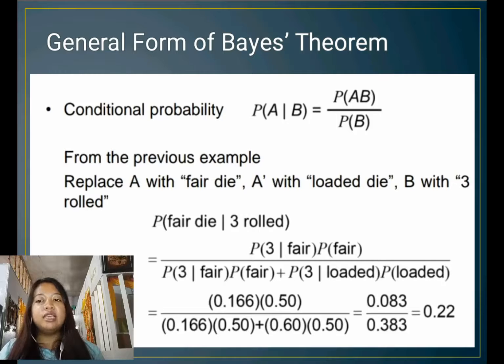We will have the subtotal of 0.083 divided by 0.383, and it is equal to 0.22.